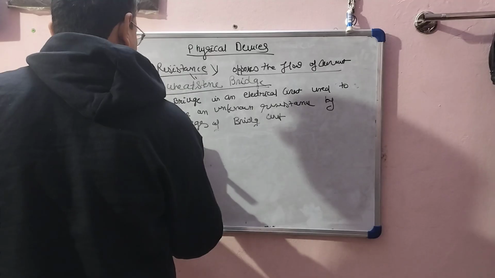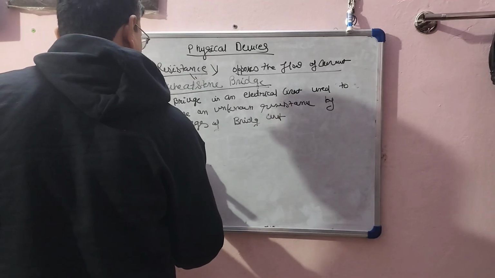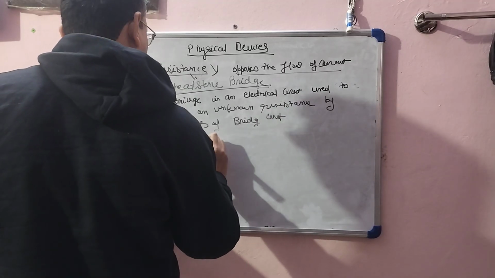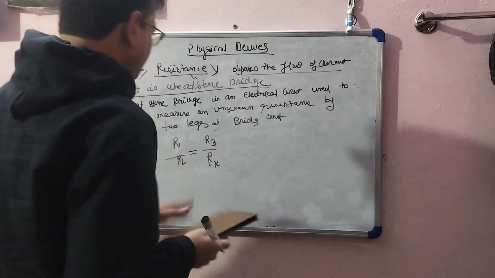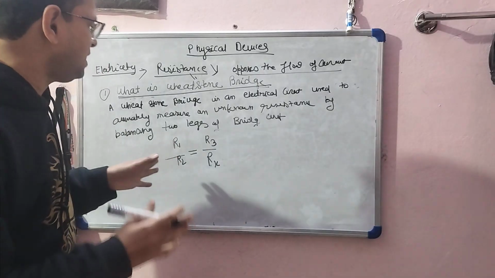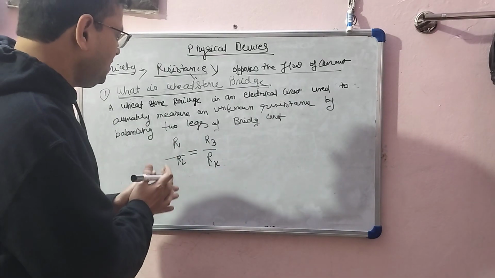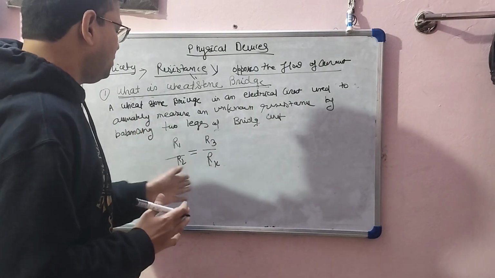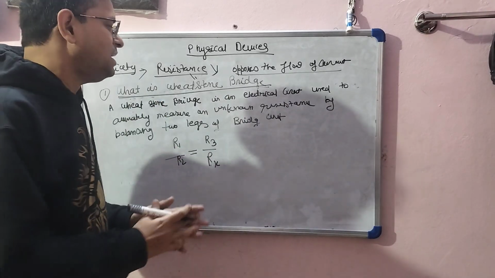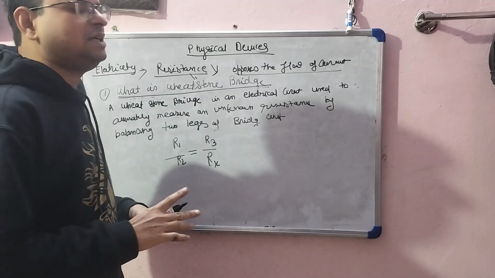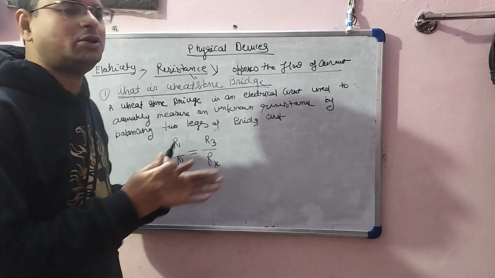R1 upon R2 equals R3 upon Rx. If these four resistances form a bridge circuit in the balancing condition, and we know R1, R2, R3, we can accurately measure the value of Rx, the unknown resistance.